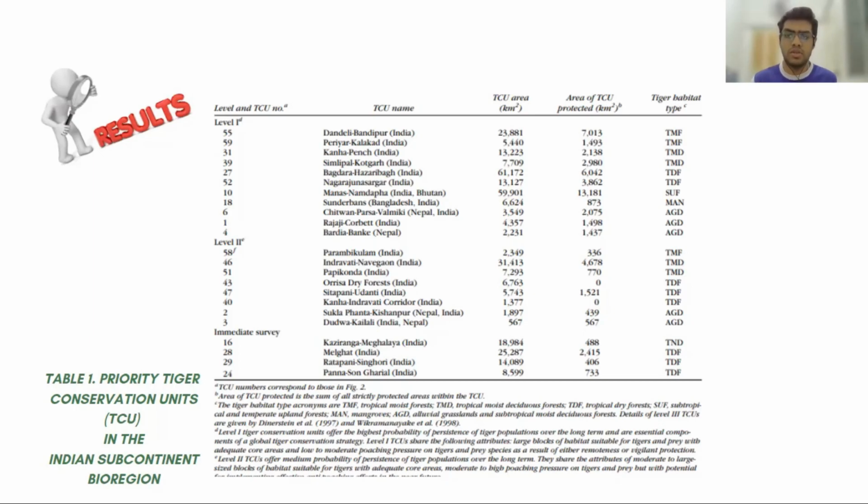In this bioregion, a total of 59 TCUs were discovered: 11 in level 1, 7 in level 2, and 4 in immediate survey.